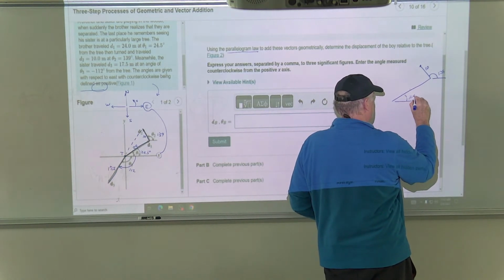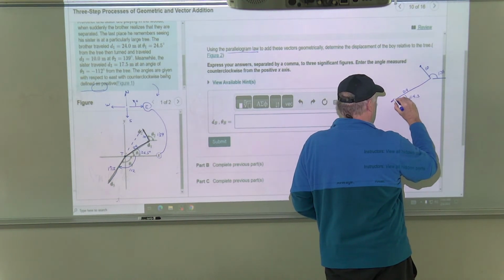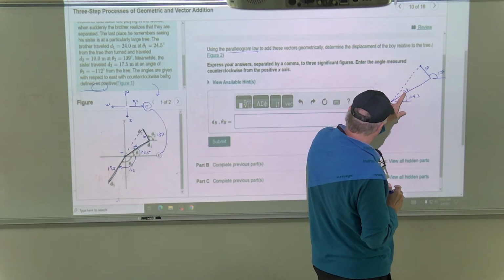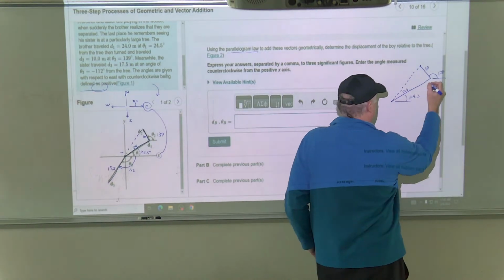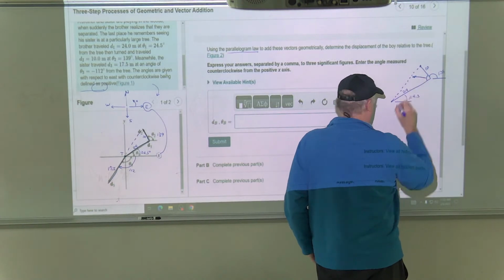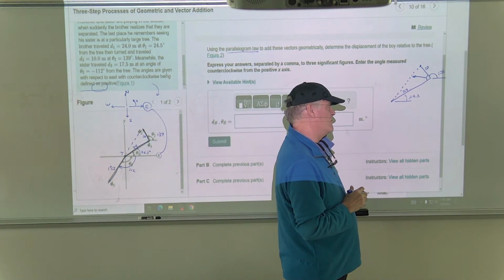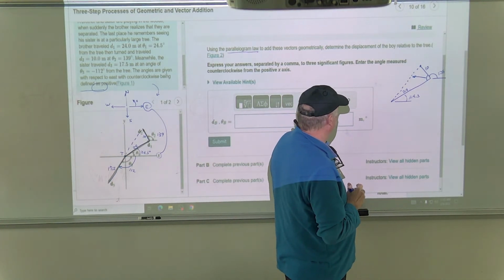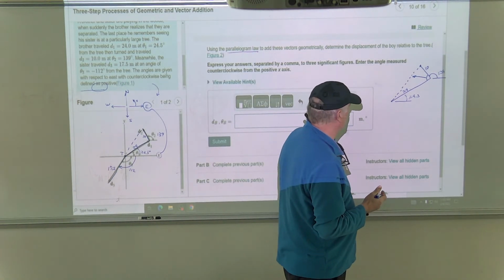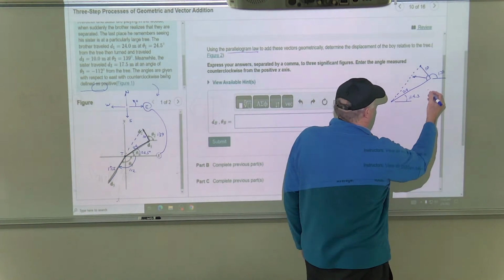I'm not sure I did any better here than I did over there. So what you're looking to do is go up here. You've got a triangle, you've got this side and that side. The question is, can you get that? Because if you can, you can jump right across there using the law of cosines to get that. There are other ways to do it too, and maybe on the second part we'll do something different, but on the first part we'll just try to do this. So the question is, what is that?